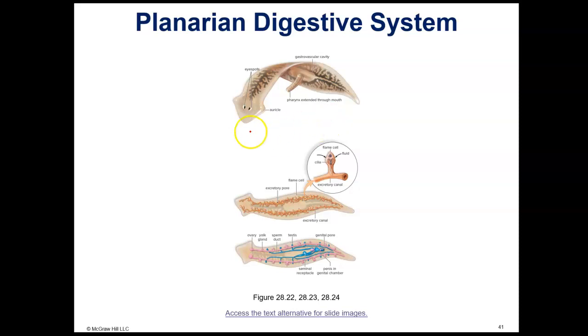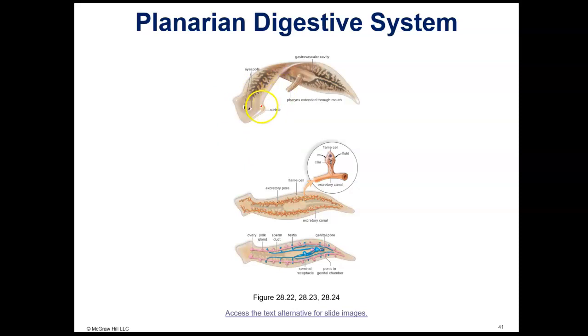Or I did this in high school. It's one of these projects that I'll never forget. I spent weeks on it, but I trained mine to turn right the first time and left the second time. So it would always go right, then left, right, then left. So I was very proud of that. I still am. But anyway, planaria can be trained in that way.